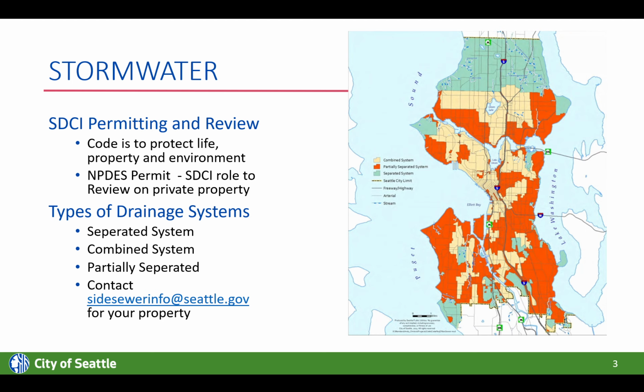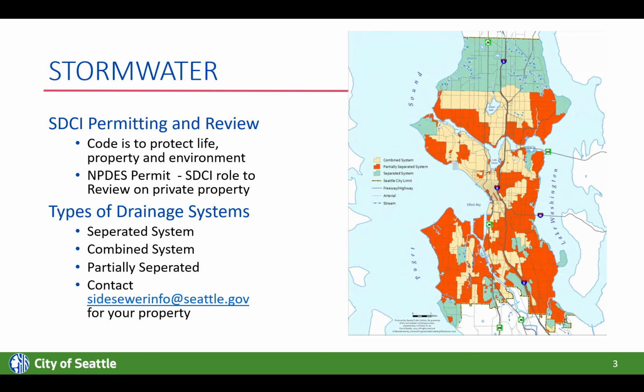There's different types of drainage systems in the city. There's completely separated systems, which you can see in this map in green, where the drainage and the sanitary are completely separate. There's partially separated systems where some areas are combined and some are not. And then there's fully combined systems where the drainage and the sanitary from the buildings go into the same system.